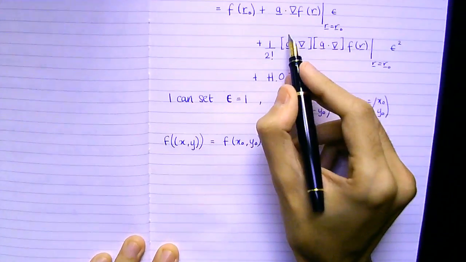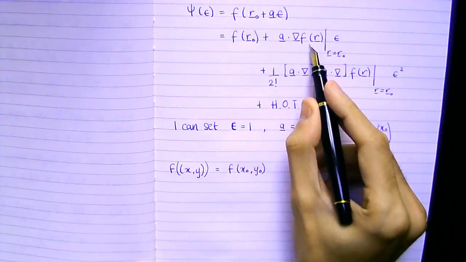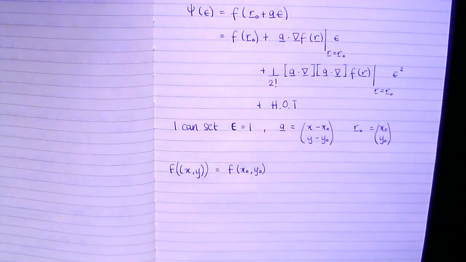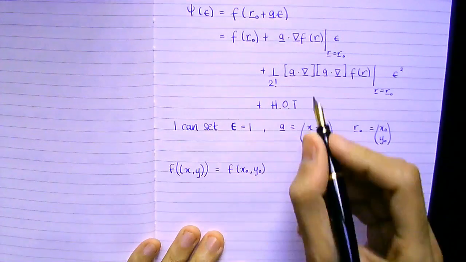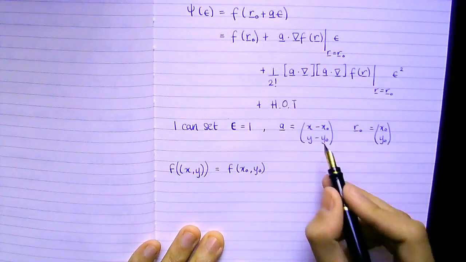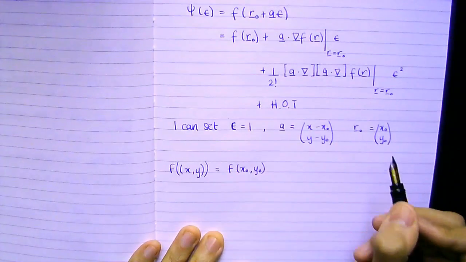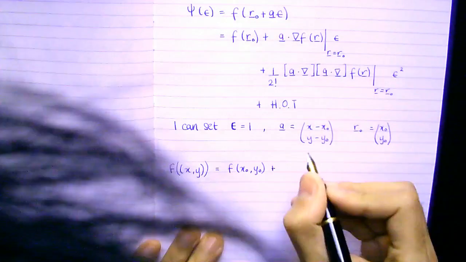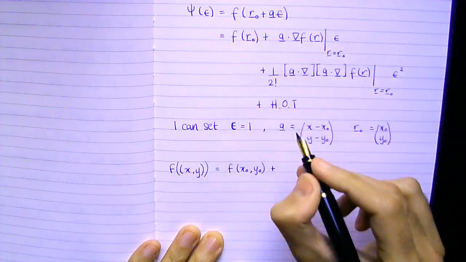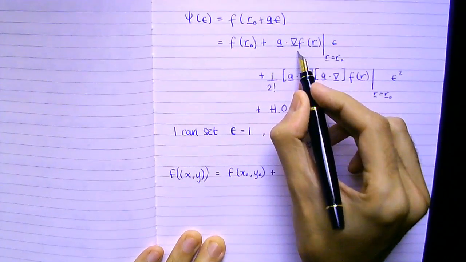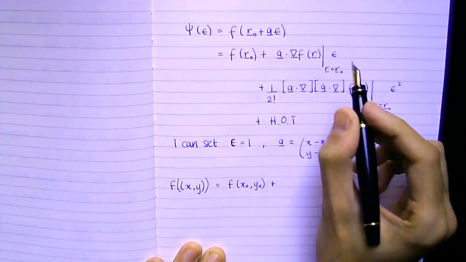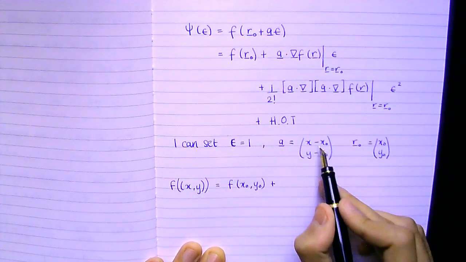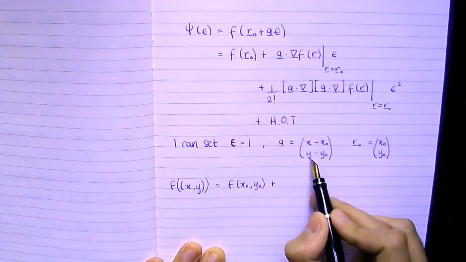Then I have this directional derivative term. I'm going to do a dot the gradient of f. So what does that give me? I know what the gradient of f is, and I know what A is. What I find is that this is actually going to give me two terms. Remember, this is a dot product. So I take the gradient of this and dot it with A. I'm going to get one term from one component of the vector and another term from the other component.